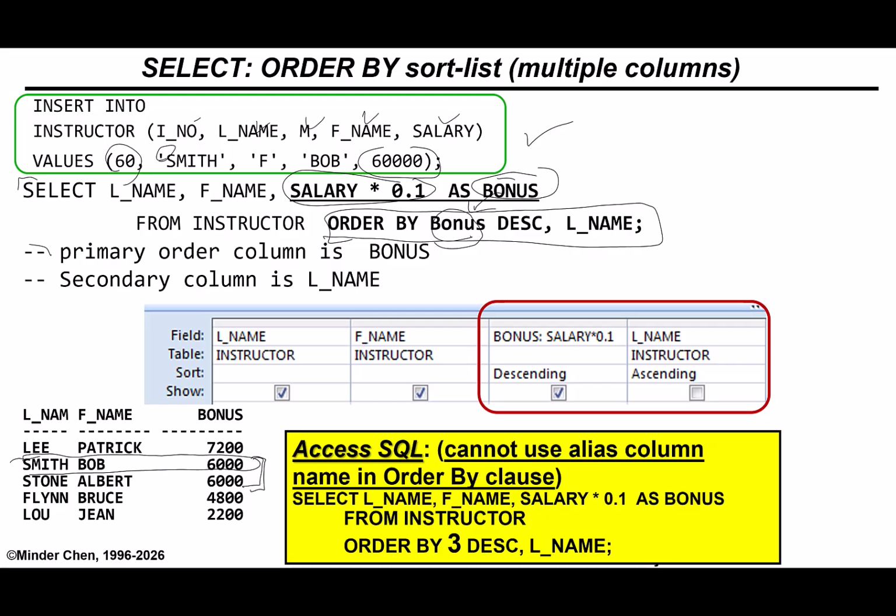So we got a tie. Then we have a second order by column, which is last name. Then last name will be listed in ascending order. Smith, S, there's a tie, but N comes before T, so Smith shows up first. That's how it works.